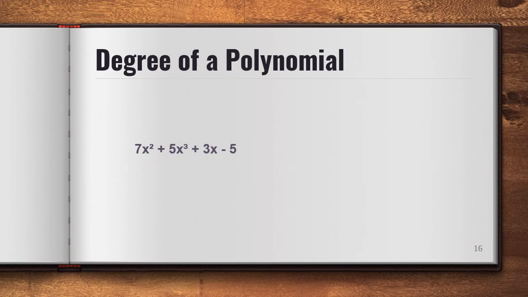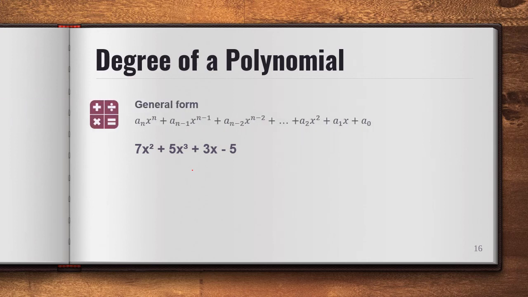So we also have the degree of a polynomial. So this one is the general form. So example, we have 7x squared plus 5x cubed plus 3x minus 5. As what I've said a while back, you need to arrange first your expression in decreasing order.